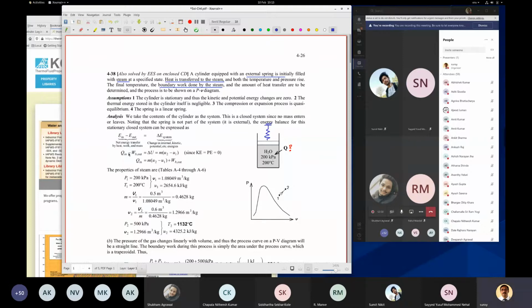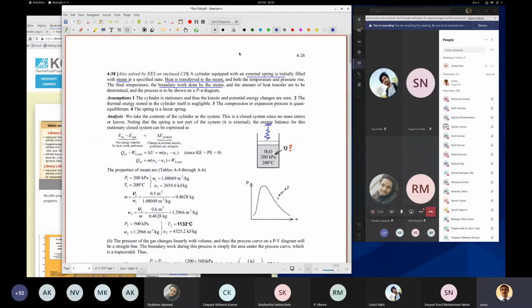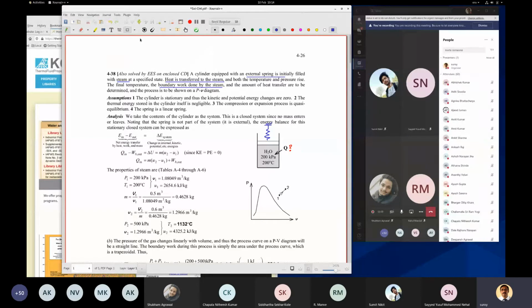So this is the equation that we have to do. What is the equation?